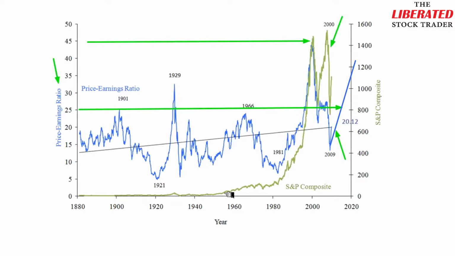And that essentially tells us that the stock market is very much overvalued. At the turn of the century, 1929, 66, in the 80s you can see, entering the 80s, the huge boom that we saw through to 2000, stock prices, or the price earnings ratio of the S&P composite, was extremely low.